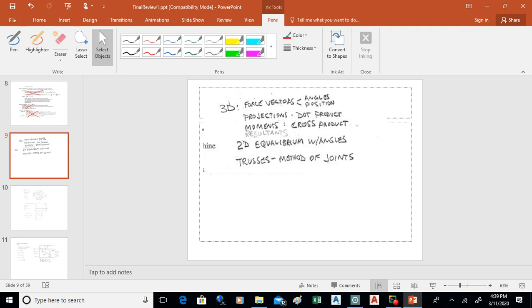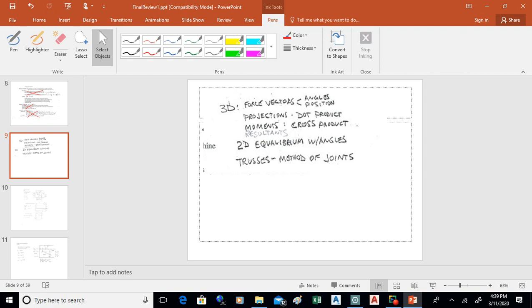Okay? All right, so one more time, probably what we're looking at on this thing is a frame and machine, which those are the trickiest ones often. A centroid with algebra, moment of inertia with algebra, those are process problems. Get the table set up, fill in the table, approach it that way.